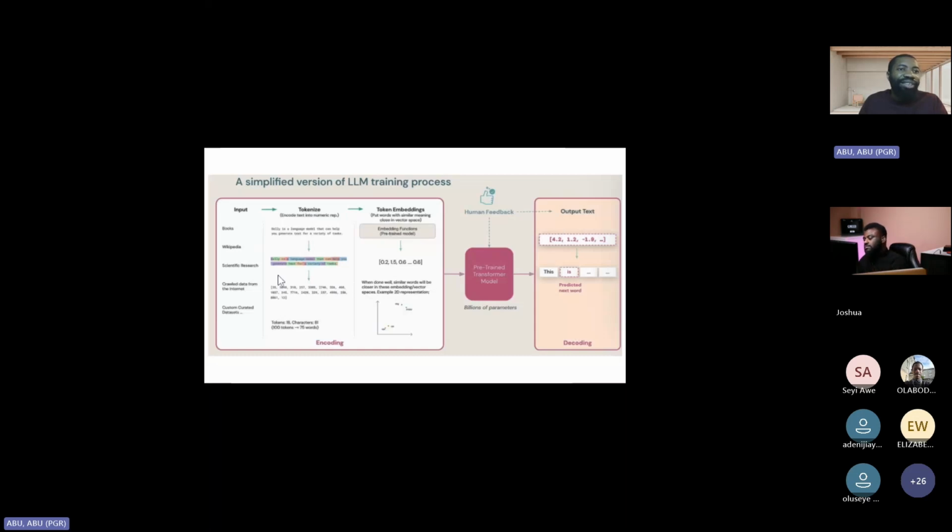So the encoder takes in natural text, which is your inputs, and then tokenizes that, right? Converts everything to numbers at the end of the day and gets your embeddings. Embeddings is more like the similarity between text, right? You're trying to see how similar texts are occurring in that body of language or whatever.